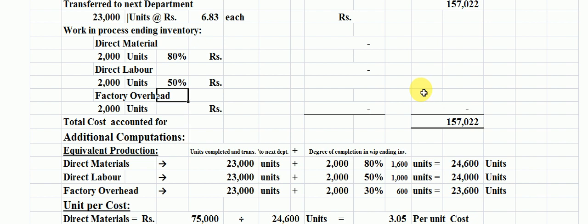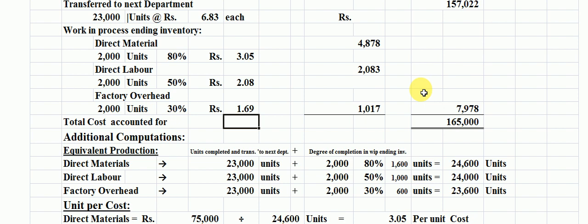30% here, 30% here. Now students, we have to put the unit cost here, K38, K39, K40.